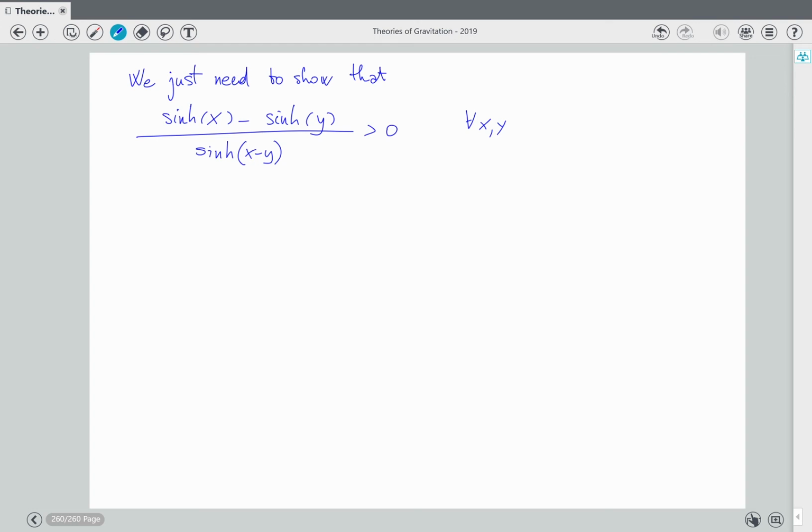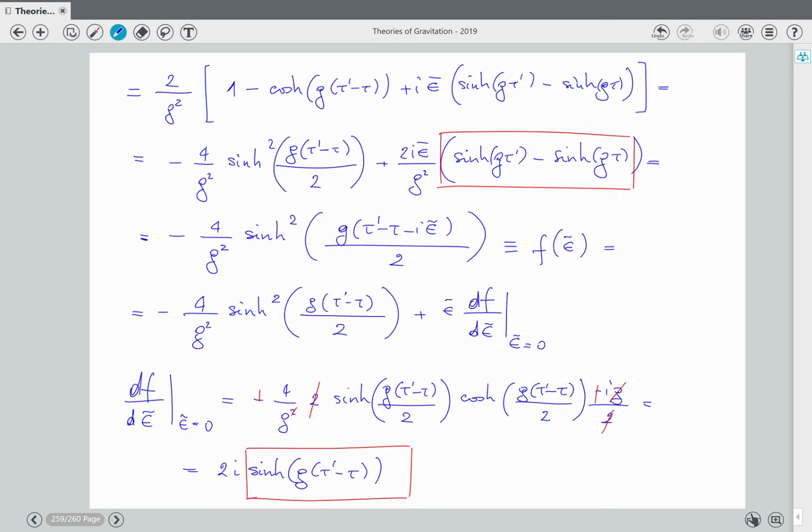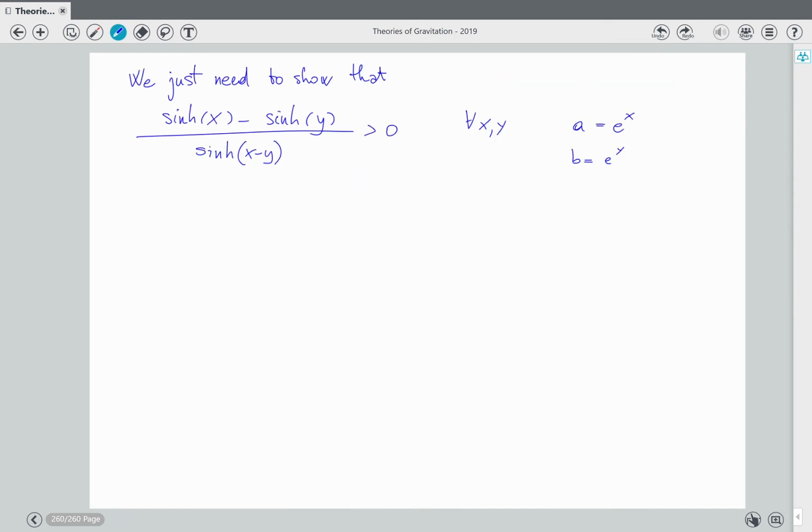So how to do that? Let us define A equal to e to the x, B equals e to the y. So I repeat, we want to show that the ratio between these two is always positive. X and y are g tau prime and g tau: x is g tau prime, y is g tau.